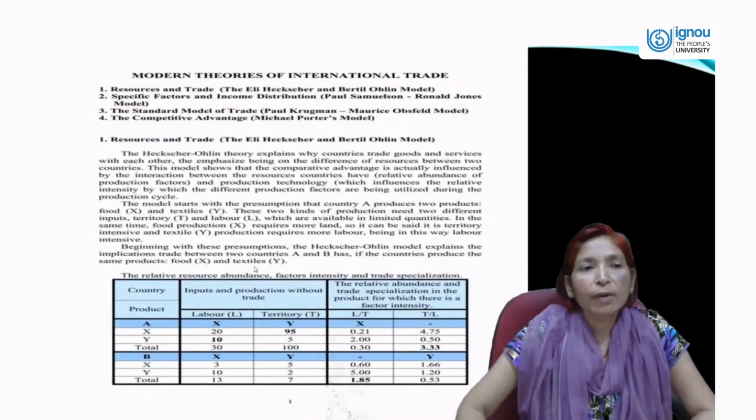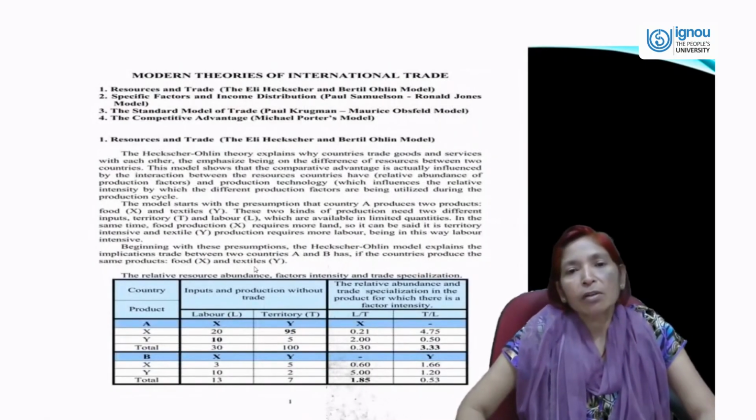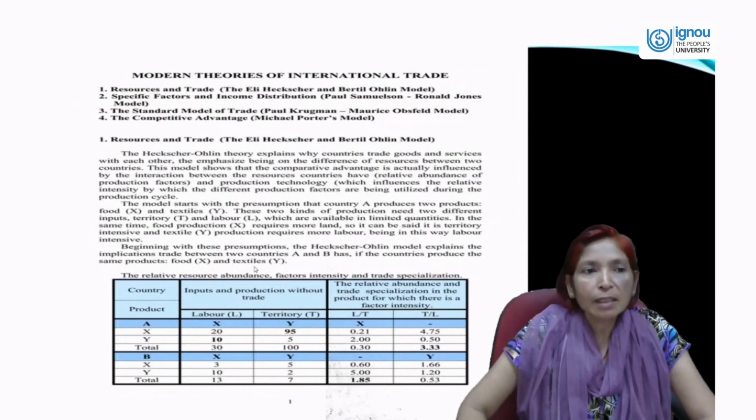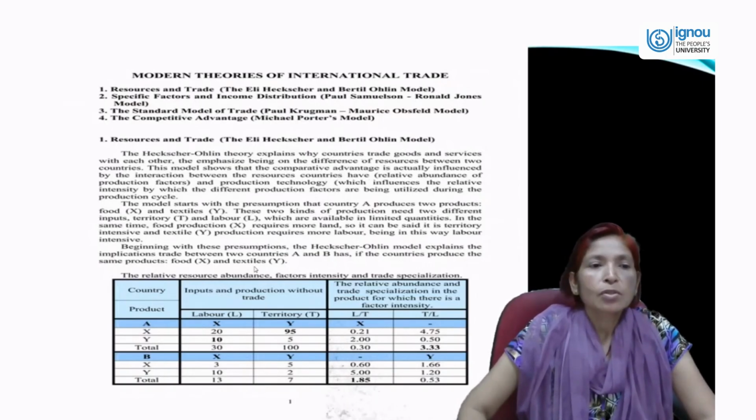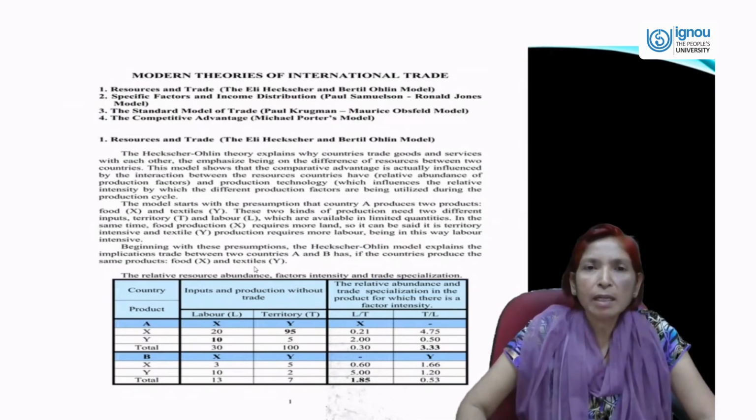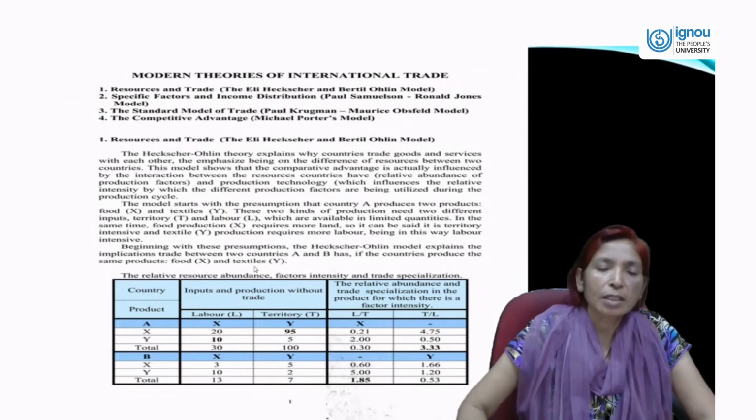Modern theories of international trade include the Heckscher-Ohlin theory, Paul Samuelson's theory, Paul Krugman's theory, and Michael Porter's model, and the Eli Heckscher and Bertil Ohlin model is also included in modern theories of international trade. So the Heckscher-Ohlin theory mainly explains why countries trade goods and services with each other.